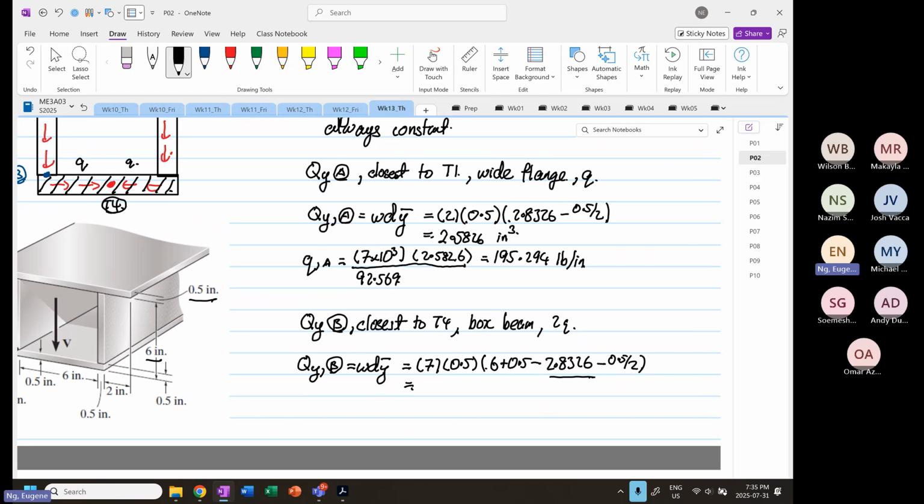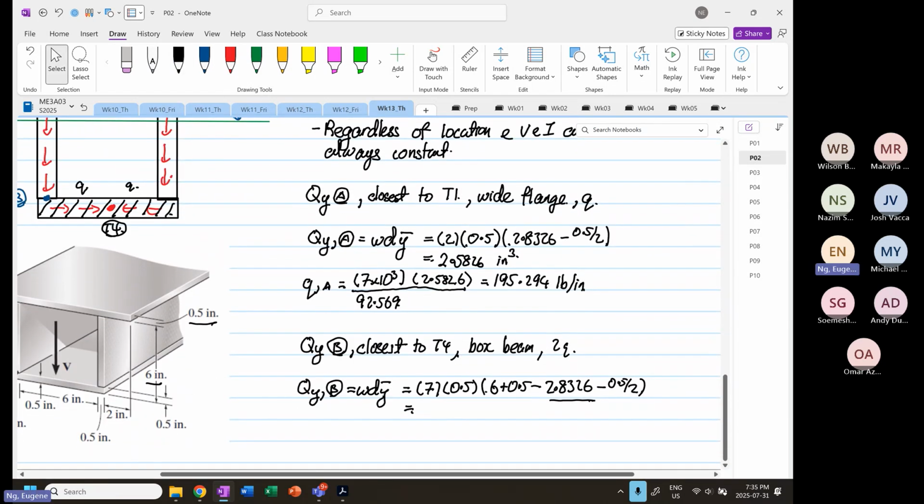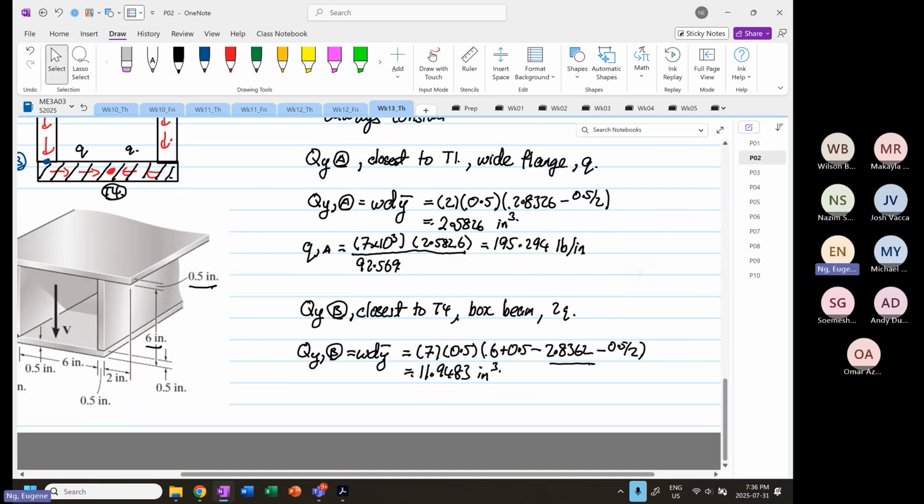Minus 2.8362. Okay, my bad. So 6 plus 0.5 minus 2.8362 minus 0.5 divided by 2 times 0.5 times 7, 11.9483. Exactly the same as the solution manual. Okay, inches to the power 3.